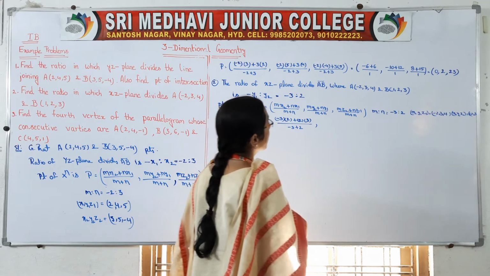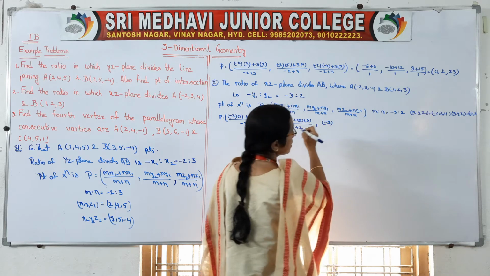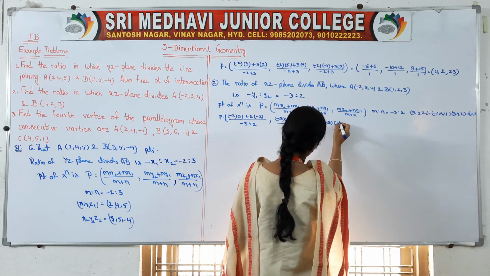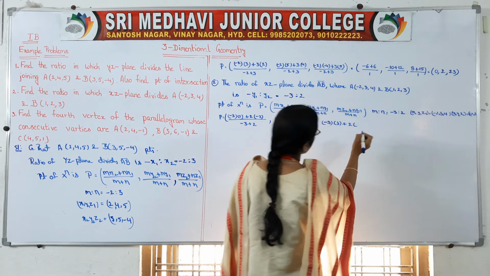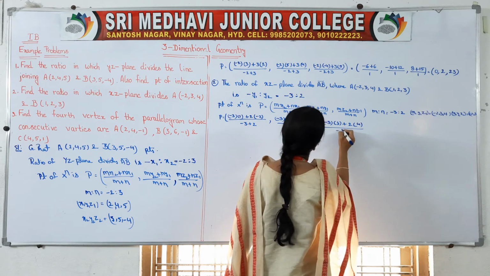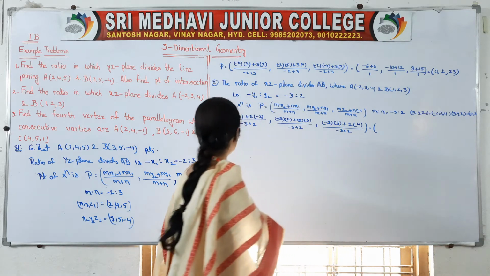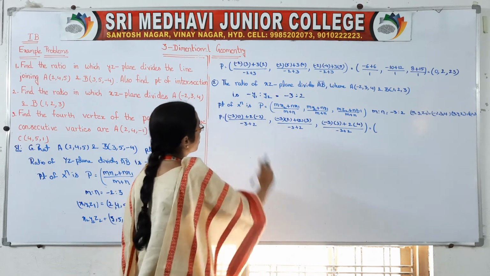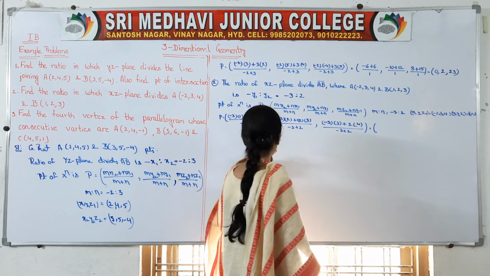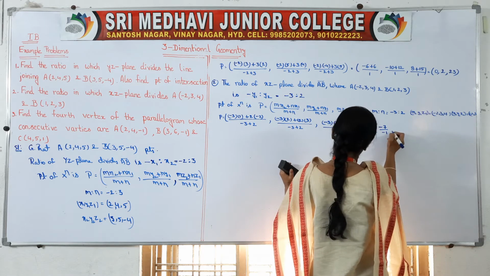Next, mz2: m is minus 3 and z2 is 3, n is 2, z1 is 4, by minus 3 plus 2. So it is minus 3 minus 4, isn't it? Minus 3 into 1 is minus 3, 2 fours are 8. So it is minus 7 by minus 1.